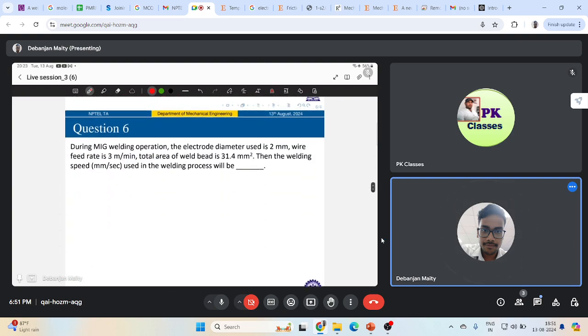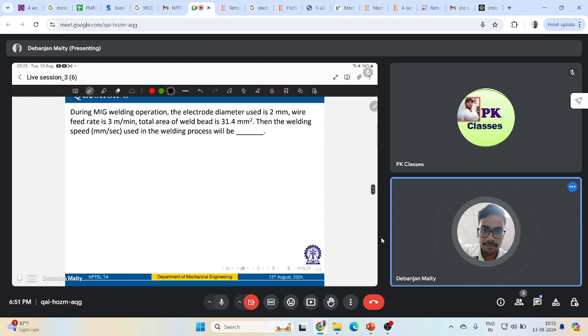Let me write down over here: activated flux. What we'll have is improved penetration. The flux will help in increasing the penetration of the weld by promoting a deeper fusion.